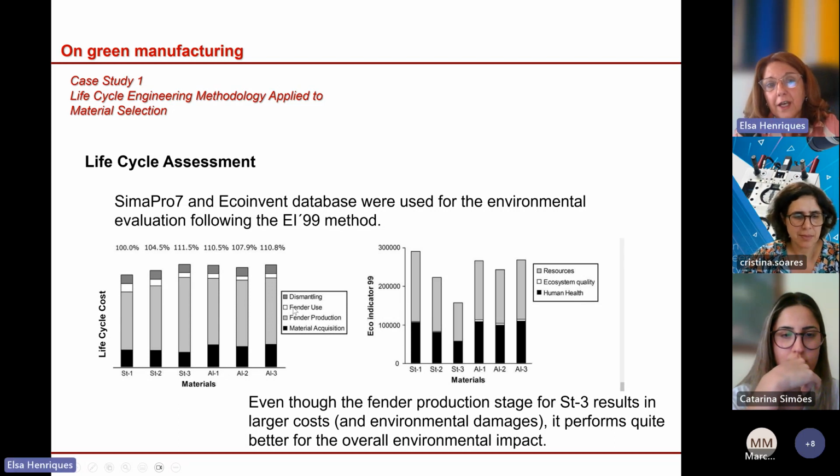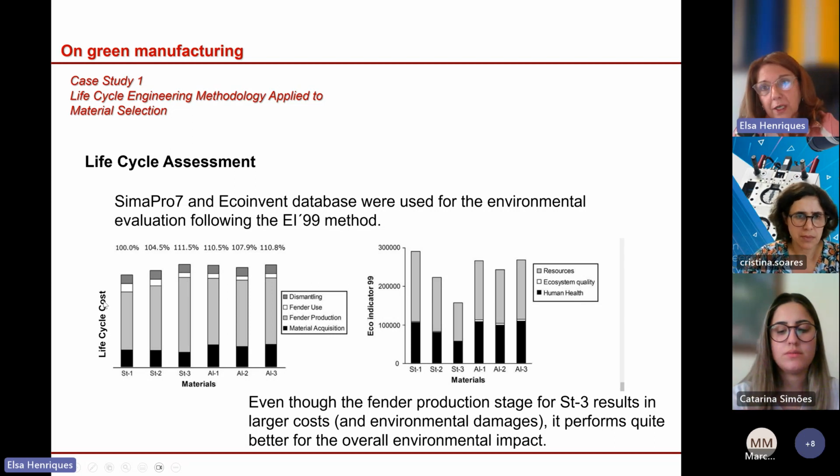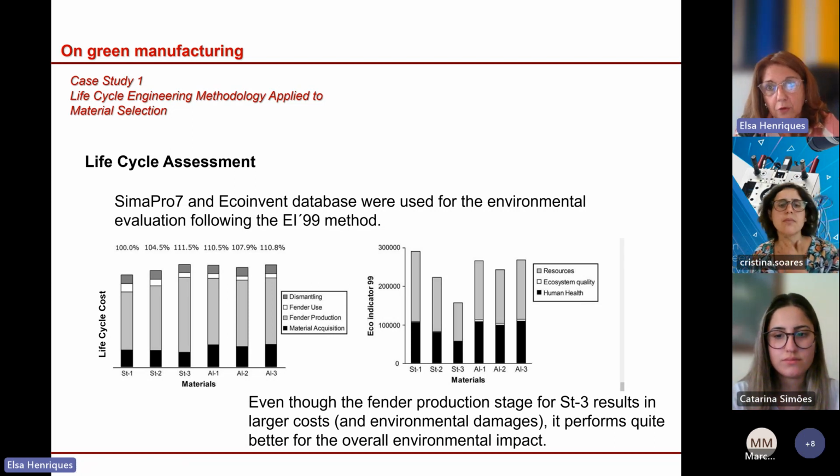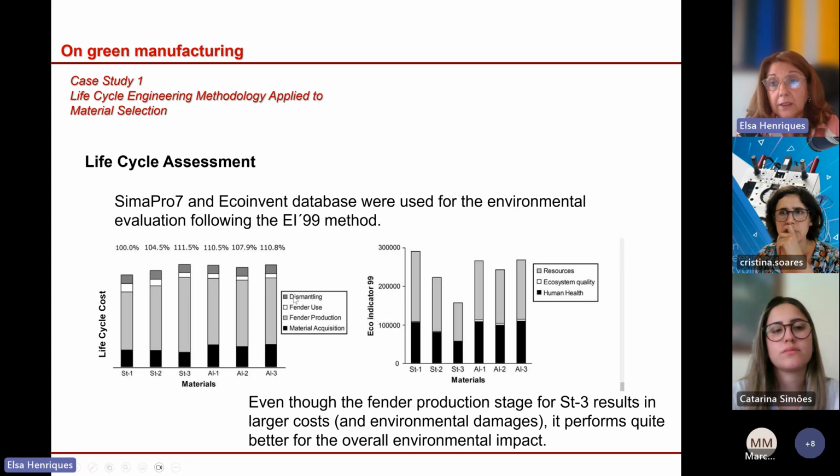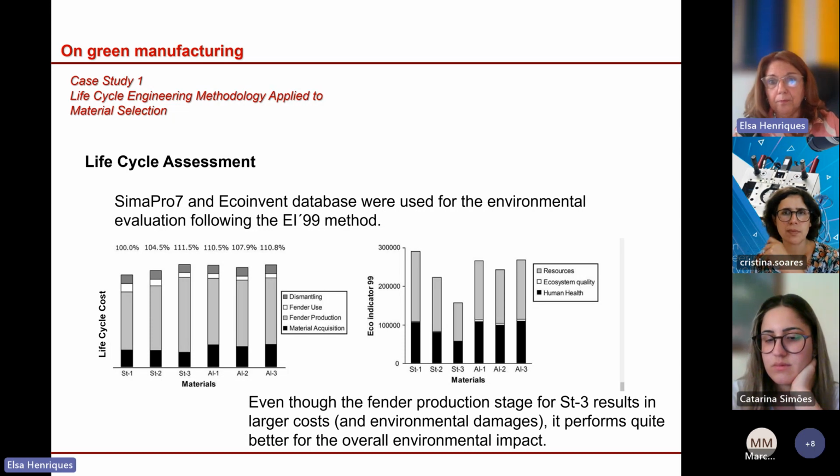The fender use has a reduced life cycle cost just because the consumption of fuel is reduced. And then you have the dismantling, the cost of the dismantling and the positive income of the recycling of steel or aluminum.